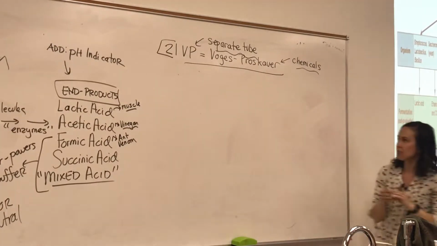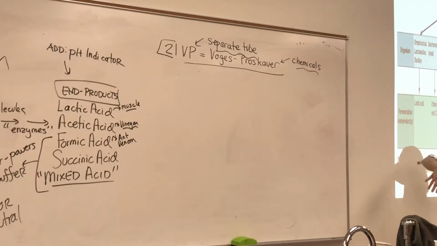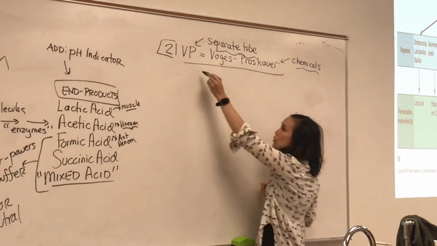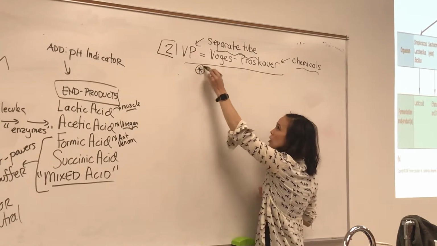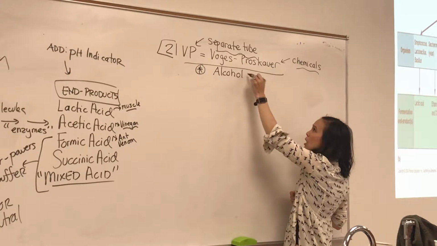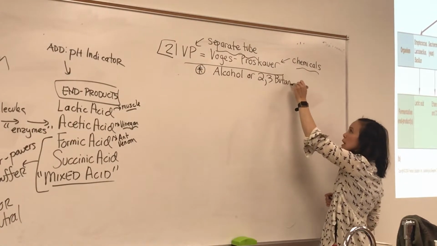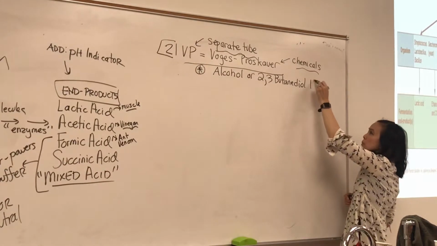So, all right. And then the big difference is in the BP test tube, you're not going to look for mixed acids. You're going to look for what we call alcohol, or 2,3-butanediol fermentation.